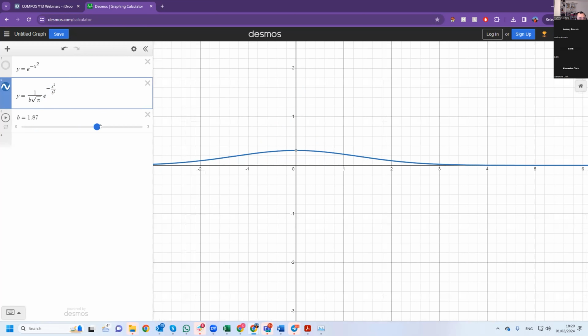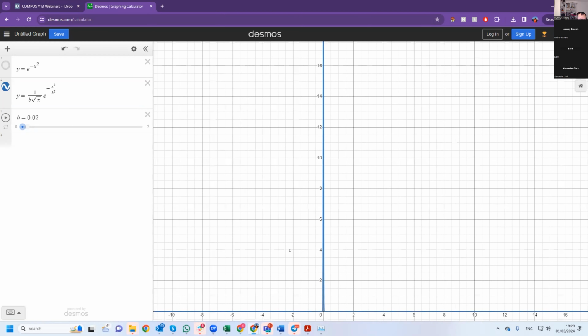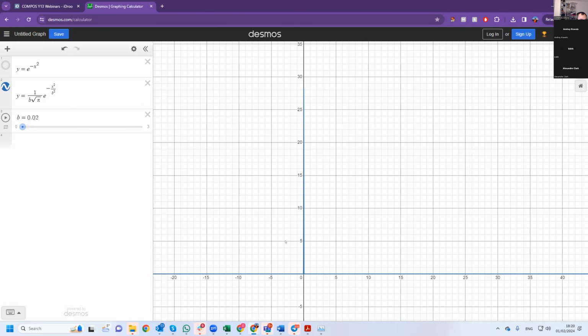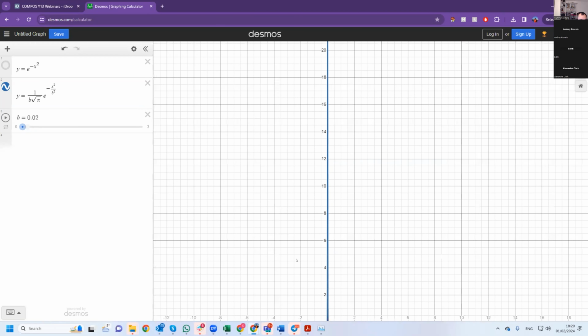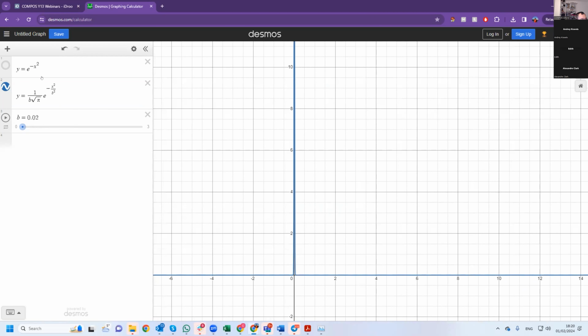And if you change the parameter b, you can see how it becomes narrower and taller, narrower and taller. So the delta function is the extreme case as b tends to 0.